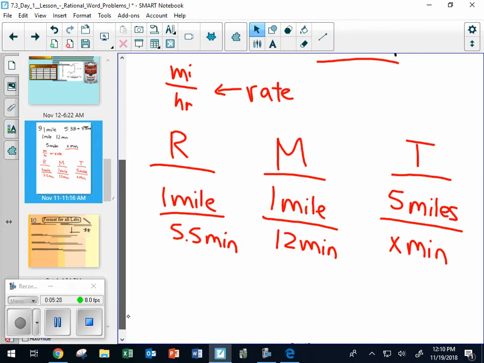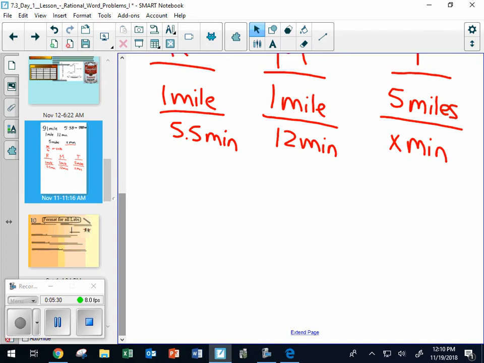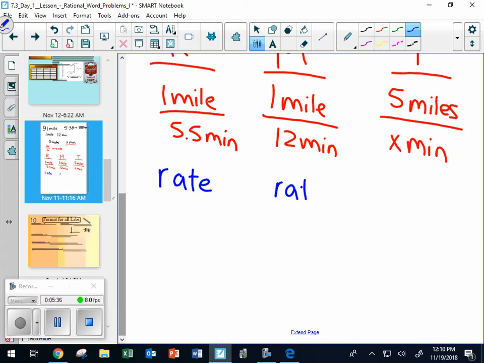I have this rate here, and I have a rate here, and I have another rate here, these 2 rates will add up to give me the last rate. I like this equation. Rate plus rate equals rate. That makes sense.